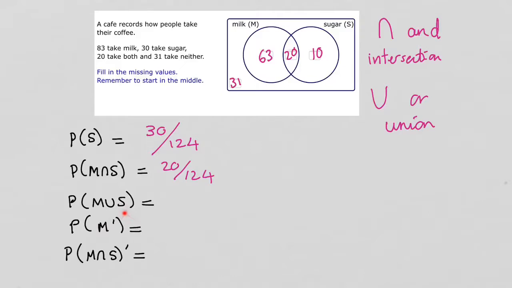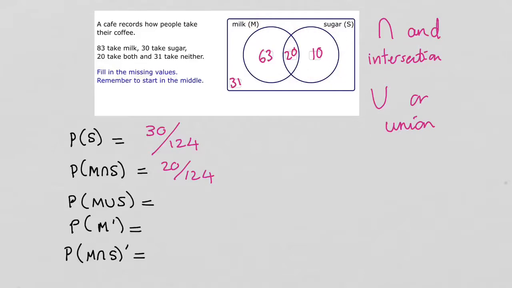Milk or sugar. So this is the milk and sugar. That's the milk. That's the sugar. That's neither. So milk or sugar will be the circles combined.